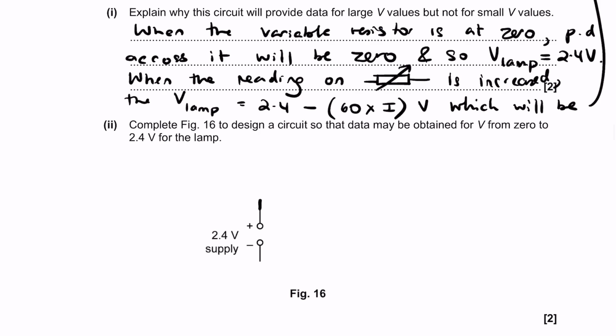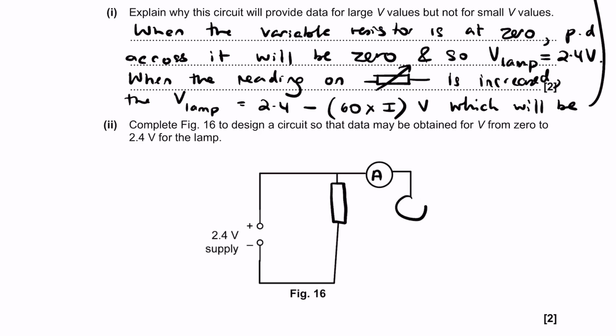So if I just start by drawing a fixed resistor like so, what I'm going to do is put a bulb across it. Actually, I'm going to put an ammeter over here so that it's able to measure the current.